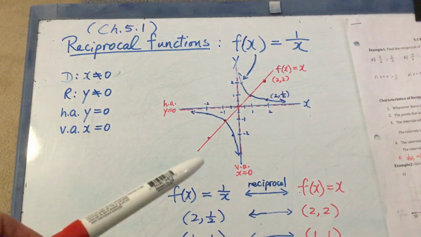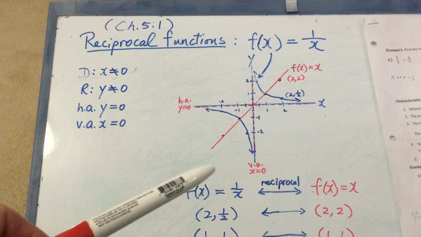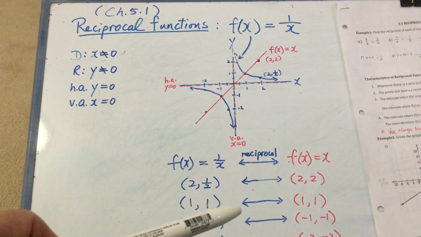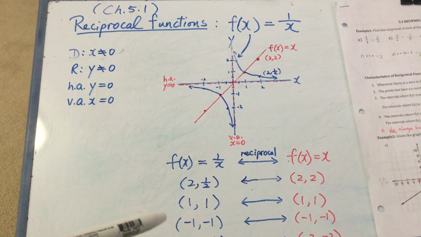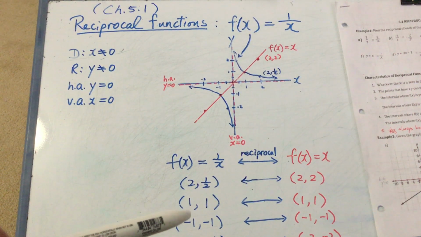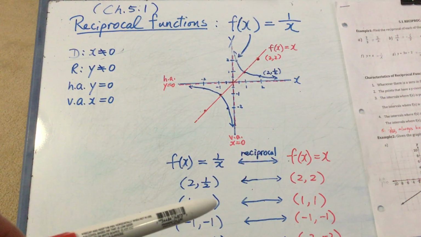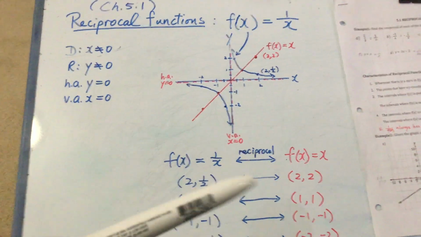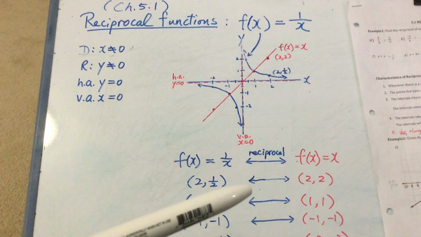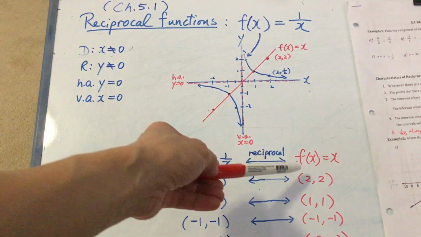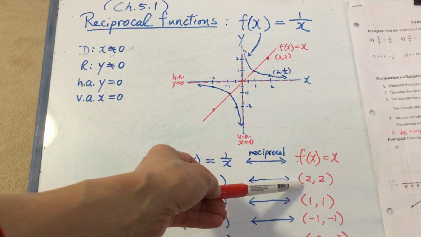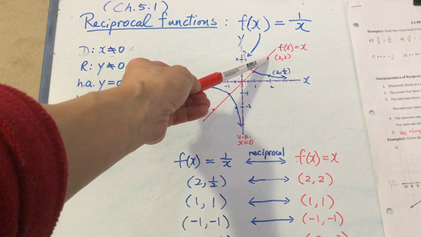I want you to look at some of the key points, and see how for the same x, you will get different y coordinates. For example, there's a point on y equals x at (2, 2). So this is the point on the graph.